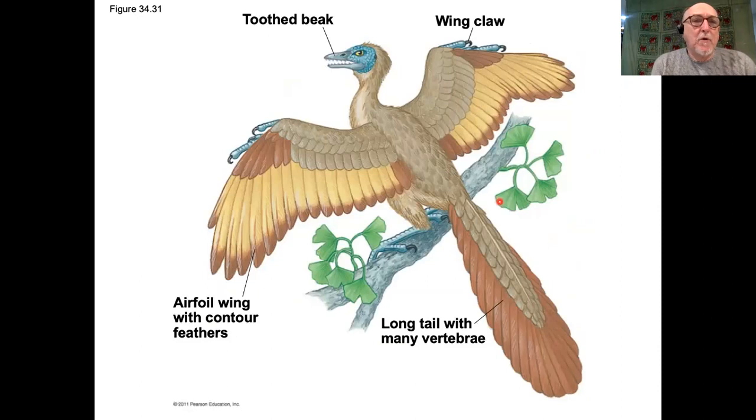I think still in your book, it will state that this is one of the earliest birds, the earliest bird rather, that we have in the fossil record, and this is Archaeopteryx.